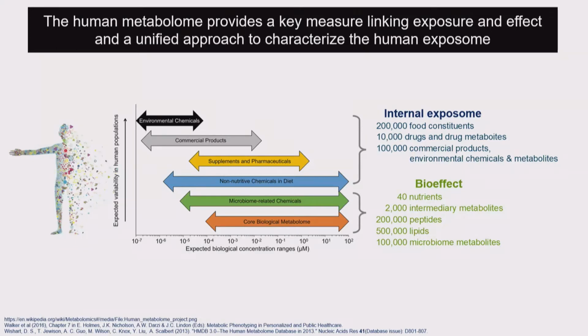So if you think back to that definition of the exposome originally proposed by Gary and Dean, where they said the exposome represents the cumulative environmental exposures and corresponding biological response, you can see that measures within the metabolome really represent a unique capability to measure the exposome.